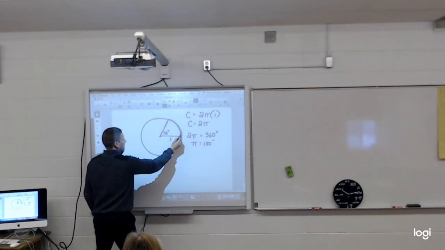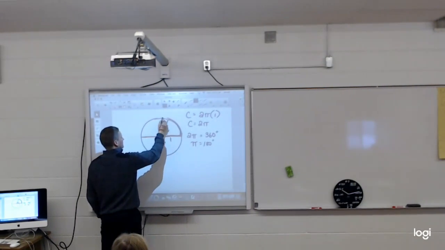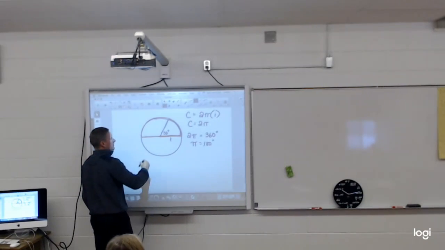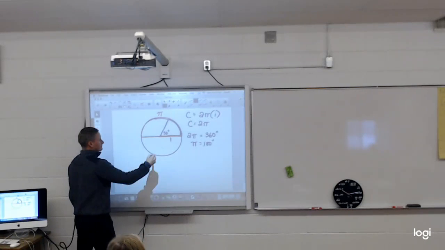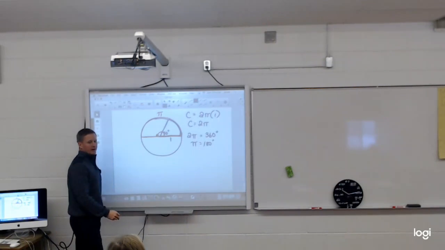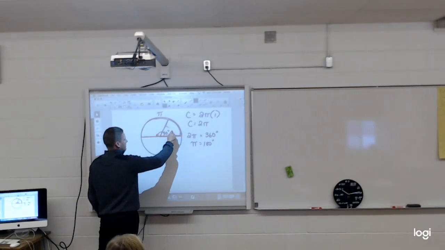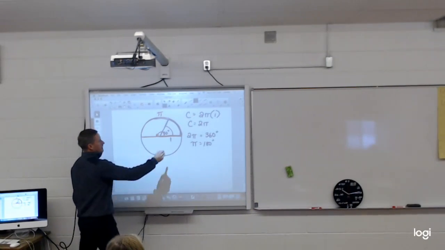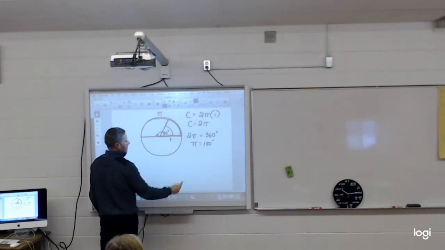So straight across the circle, that arc length is pi radians. It's also 180 degrees. To find out what any portion of the circle is, the arc length, I use this ratio to change it.